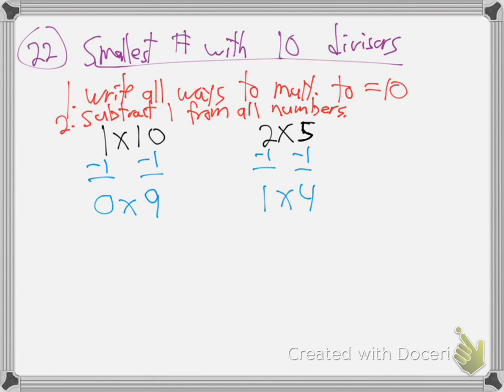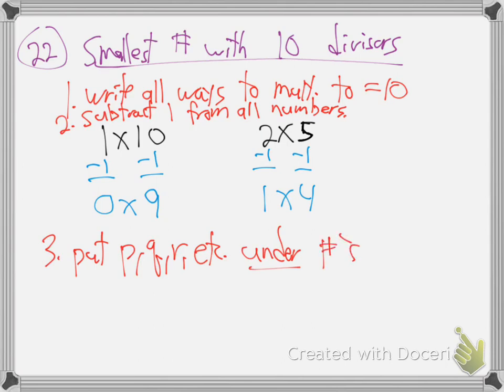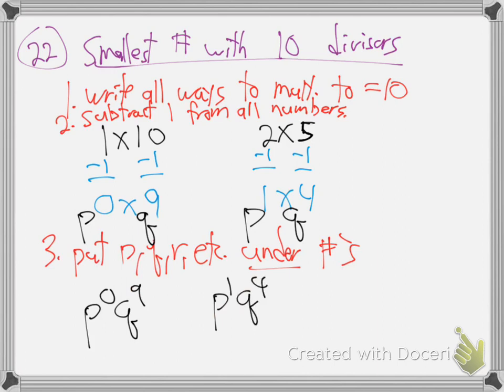Now, step 3. Put P, Q, R, etc. under the numbers. So this is P to the 0, Q to the 9, P to the 1, Q to the 4.